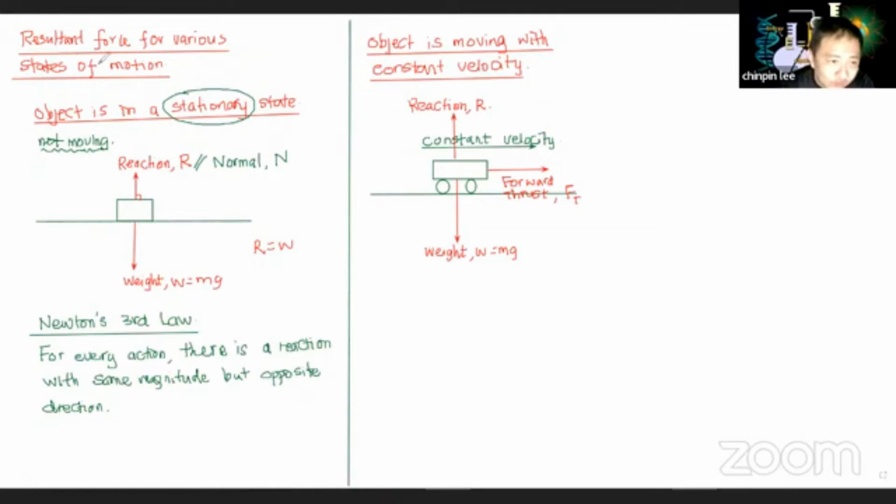Now there is one force acting backward. Newton said, when you have a forward force, you have an action, there must be a backward reaction with the same magnitude. If this one is not moving or moving with constant velocity, this force is called frictional force.